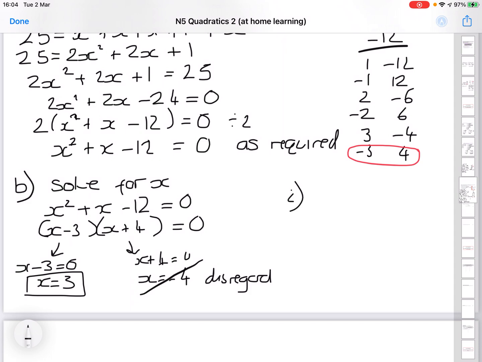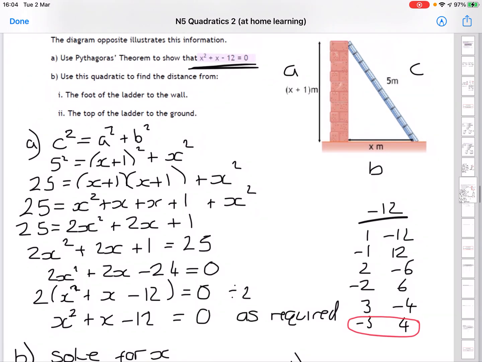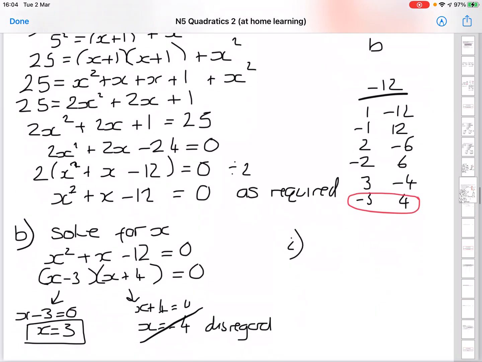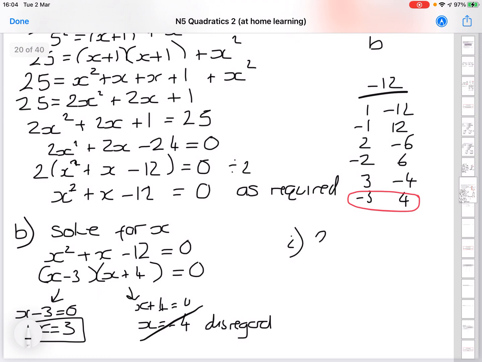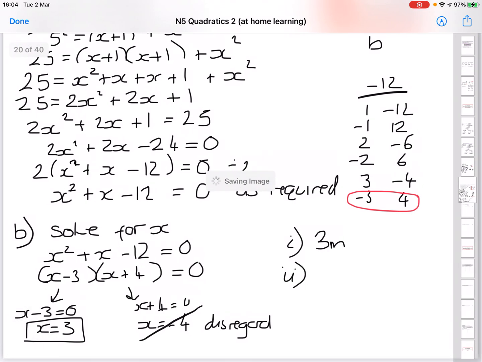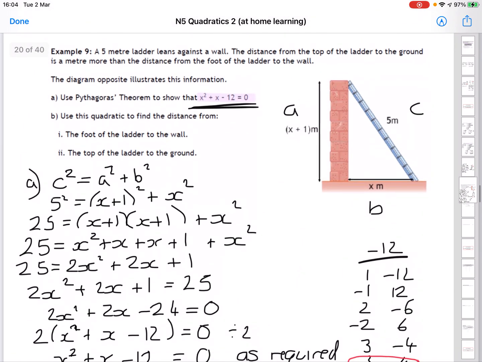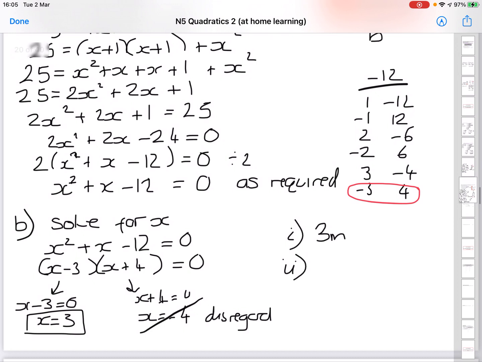Part 1 of the question asked us to find the distance from the foot of the ladder to the wall. That's the horizontal side at the bottom, so that's 3 metres. Part 2 asked us to find the distance from the top of the ladder down to the ground. That's the x plus 1 metres, so that will be 3 plus 1, so 4 metres.